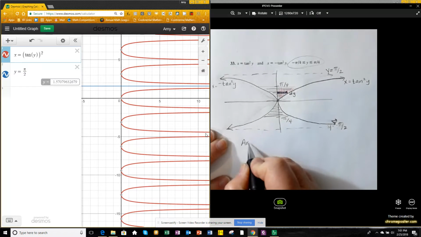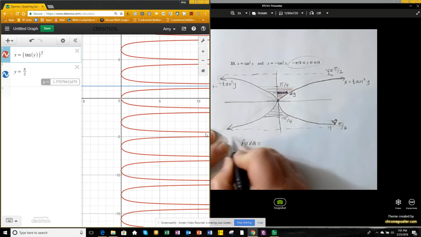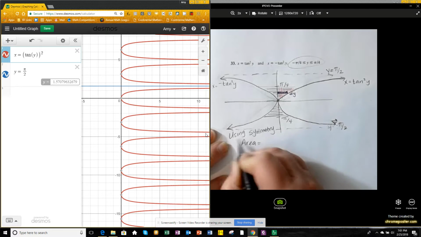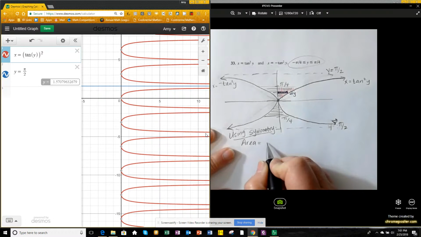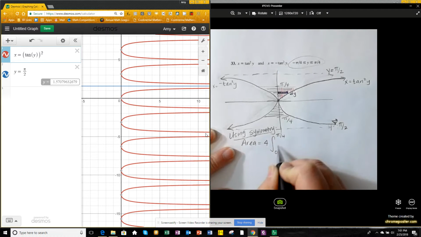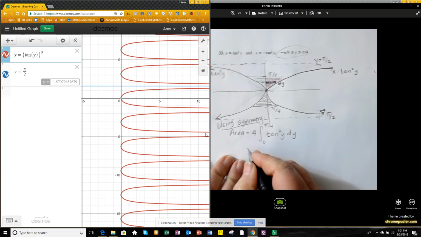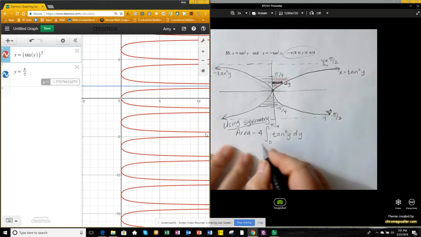Okay, so let's write that one down. The area is going to be equal to, using symmetry, we should always tell the grader what we're doing, 4 times the integral from 0 to pi over 4 of tan squared y dy. Well, tan squared is one of those that we need to know how to integrate.